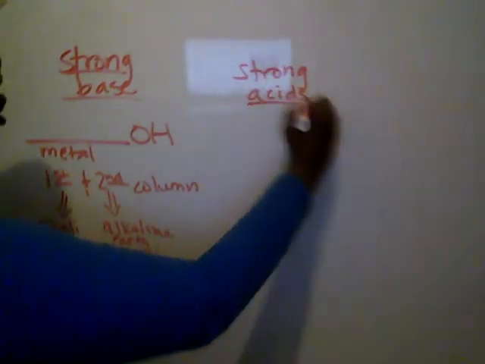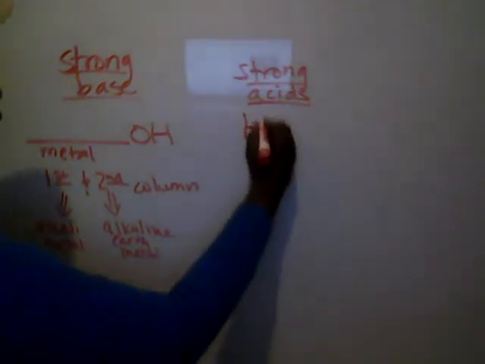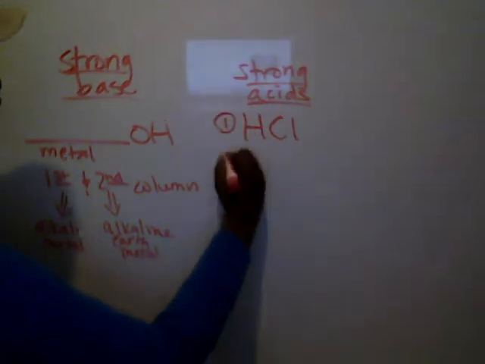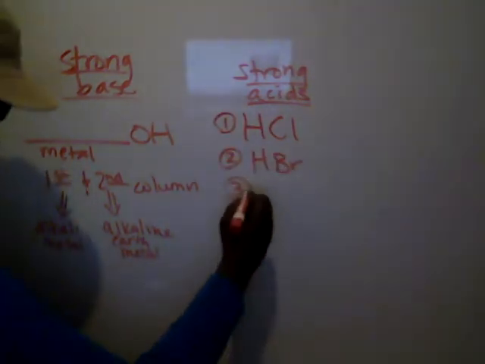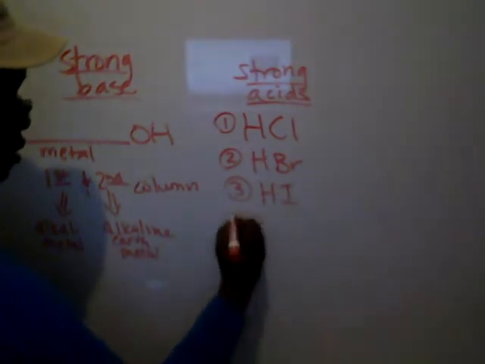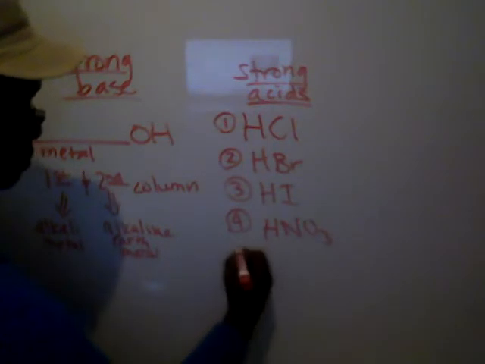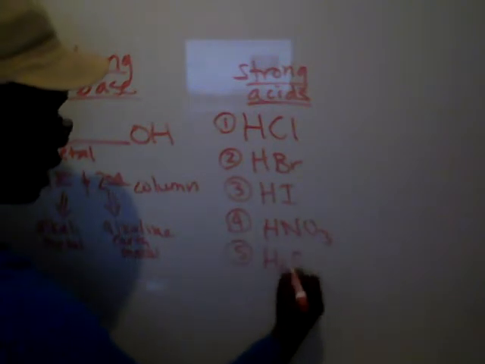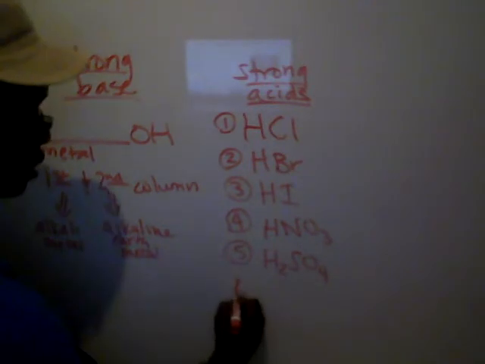Okay, strong acids. There are only 6 strong acids, and I'll write the 6 out here. If you're given an acid and it's not one of these 6, it's automatically considered to be weak. So the strong acids are HCl, and remember there's only 6 of them. So HCl, HBr or hydrobromic acid, hydroiodic or HI, nitric HNO3, sulfuric H2SO4, and perchloric is the last one.